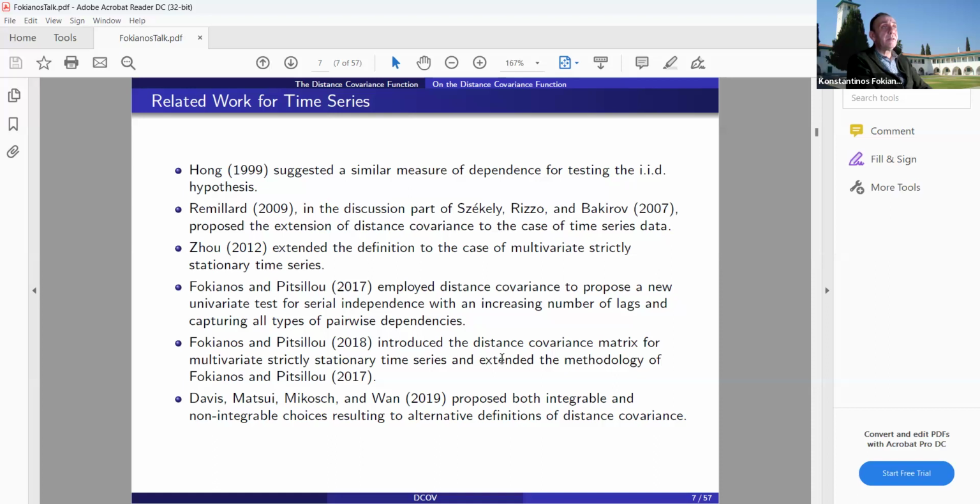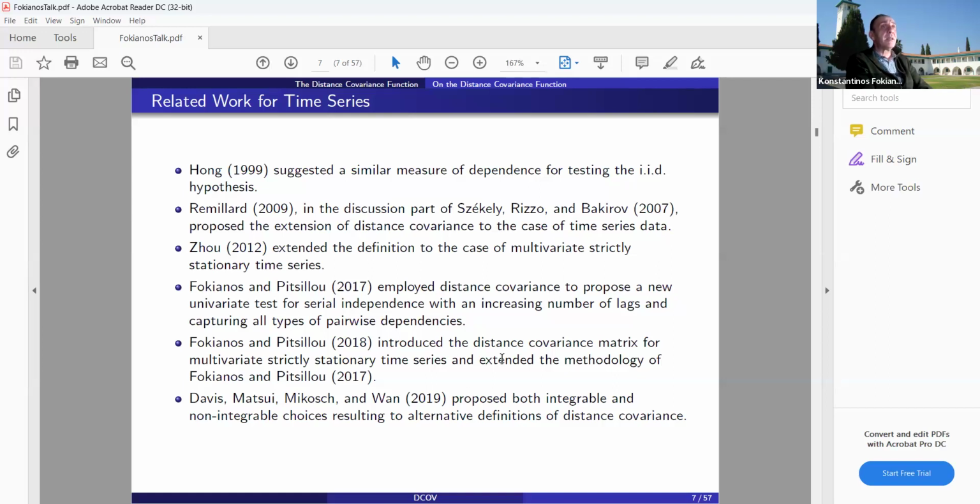What we did back in 2017 and 2018 was to propose a new univariate test for serial independence when the number of lags increases, and we also generalized this to multivariate time series.